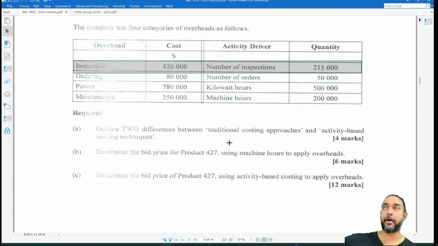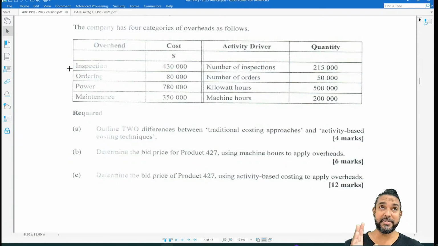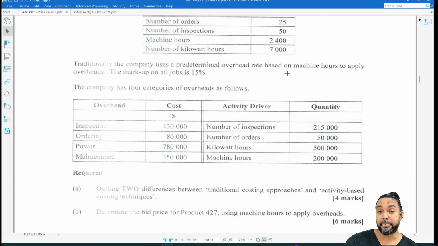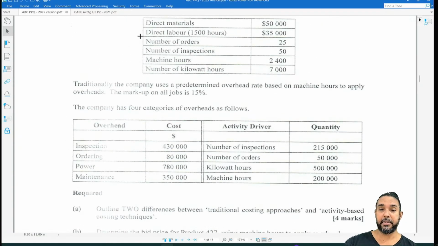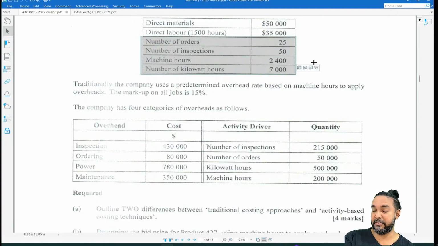So instead of the OAR, the overhead application rate, I call it the AAR, the activity application rate. You could call it whatever you want. You could call it George for all I care, as long as you calculate it correctly and use it correctly thereafter. After we find the application rate, we're going to multiply each of those rates by the corresponding volume of the cost driver for each of the activities.